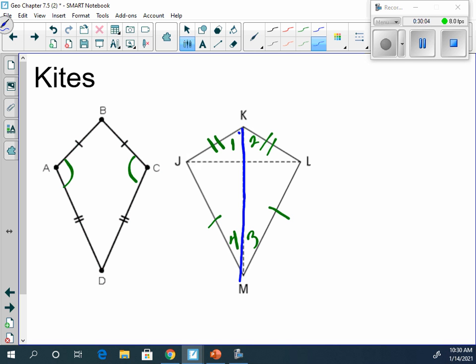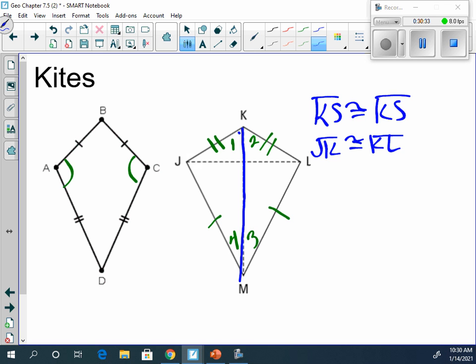In these two triangles, because I just split it in half with the diagonal, I could say KS is congruent to KS, yes? The line's congruent to itself in both triangles. We have that JK is congruent to KL.